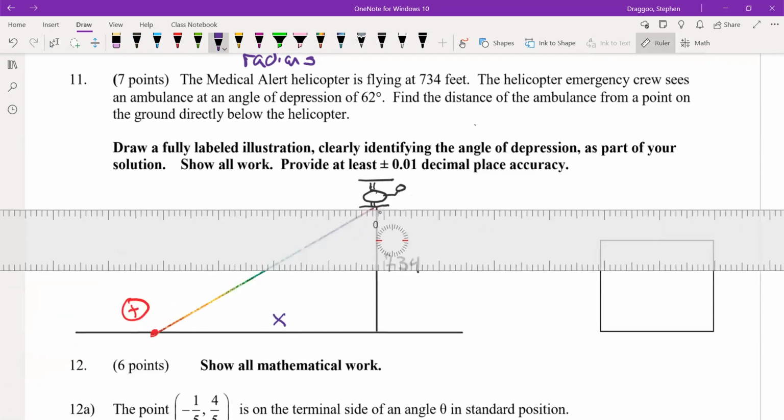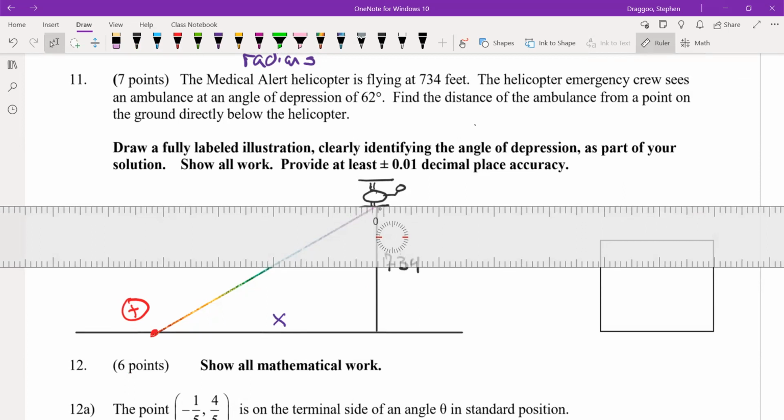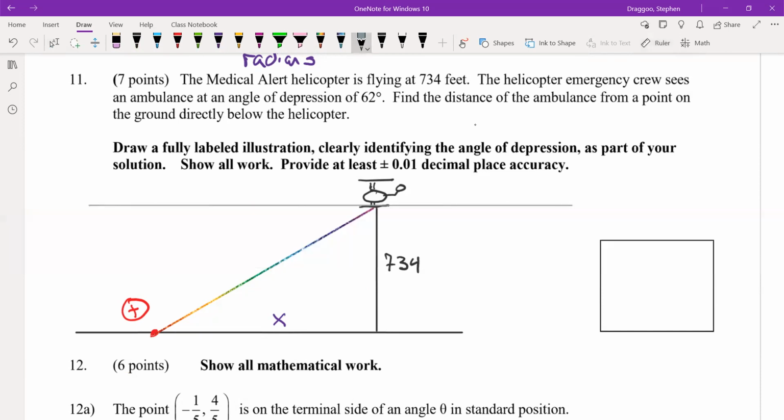Remember that both angles of elevation and depression always need to be measured from a horizontal line. So I need to draw one more piece into my diagram: a horizontal line right at the helicopter, and then label my angle of depression right there.